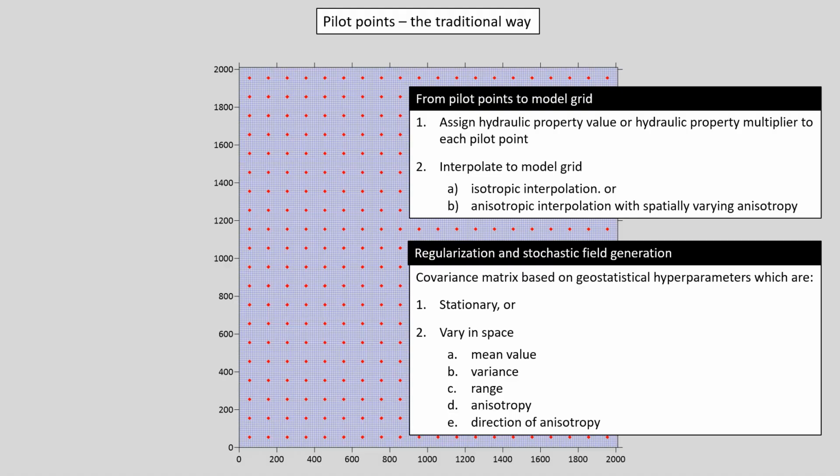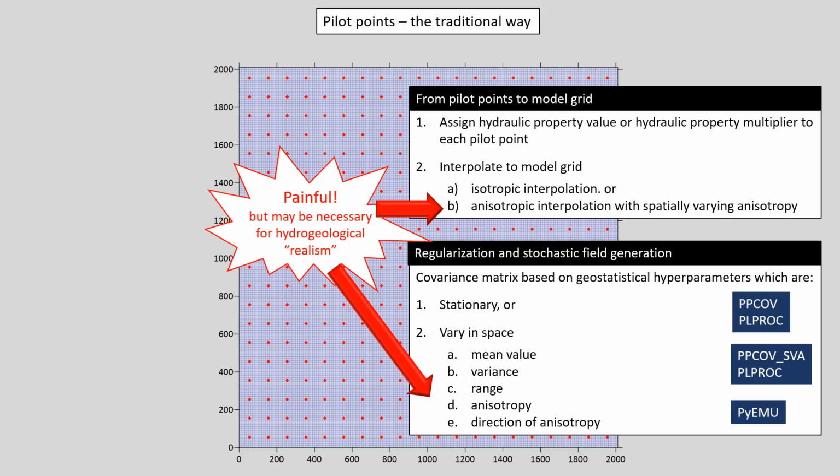So the covariance matrix that goes with our pilot points may end up being somewhat sophisticated. Utilities supplied with the PEST suite and PL-Proc itself give you the ability to create quite sophisticated covariance matrices to handle these kinds of situations. Note, however, that this all starts to get a bit painful.